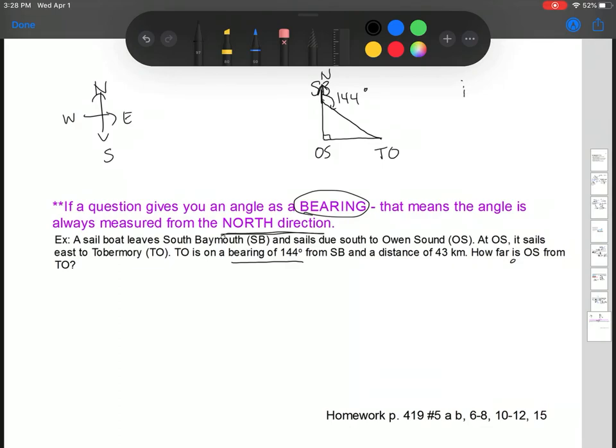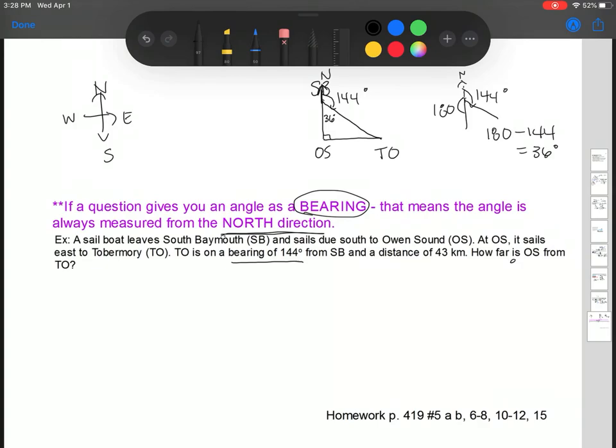Okay, so if you have a line and this angle is 144 degrees, the total is 180. So then the angle inside the triangle is 180 minus 144, which is 36.